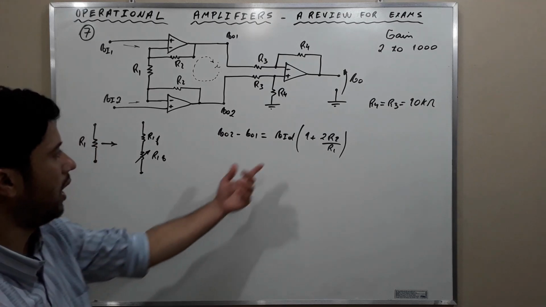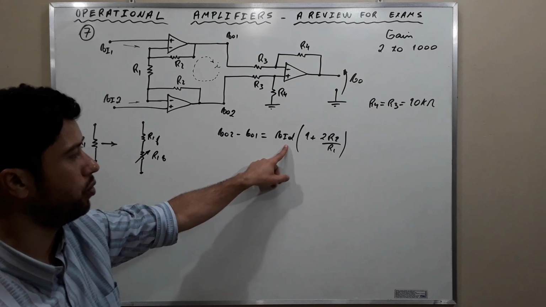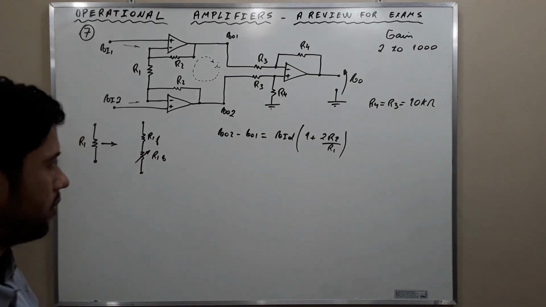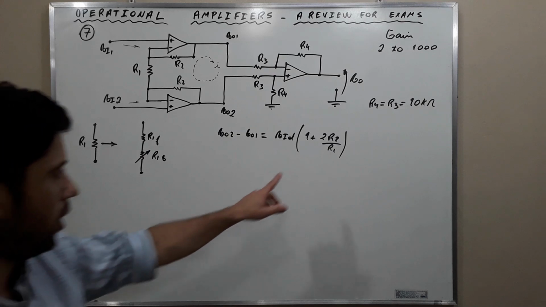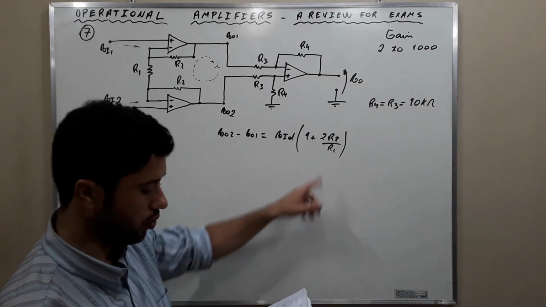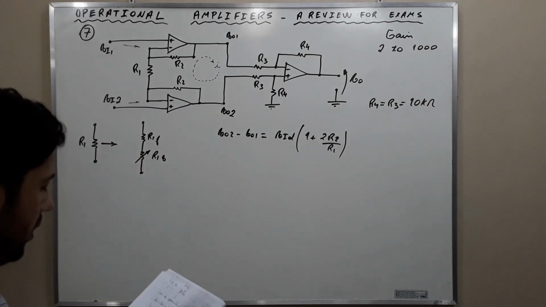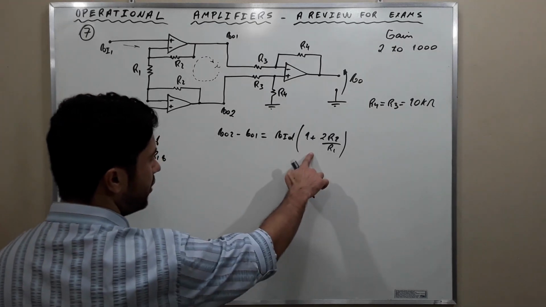Output written in terms of the input, and the gain is the parameter that correlates these two, in which 1 plus 2R2 over R1 is the differential gain.